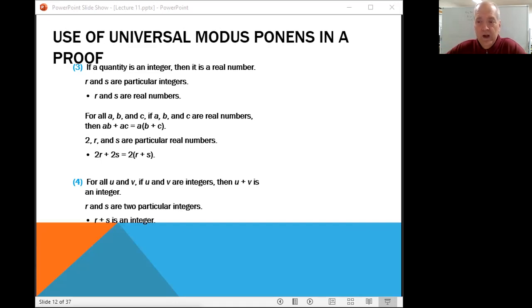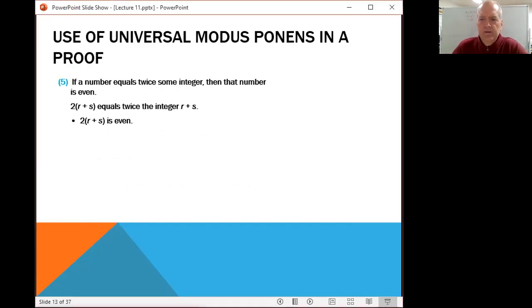Through instantiation, r and s are particular integers. Therefore, through universal instantiation, the hypothesis is true and the conclusion is true. So we say that r plus s is likewise an integer.